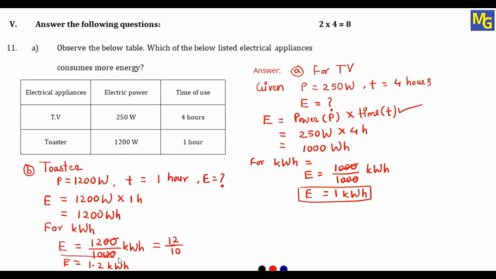So this is the answer for toaster. Energy consumption for toaster is 1.2 kilowatt hour, and for TV it is 1 kilowatt hour. After writing all the solutions, write the answers properly with all the units, and write them in a square box like this. It will be a neat way to write the answers.